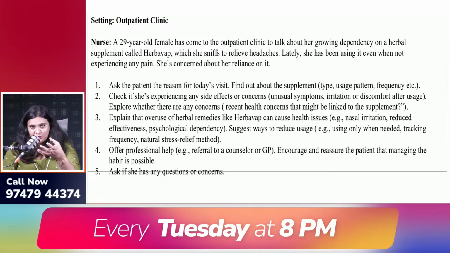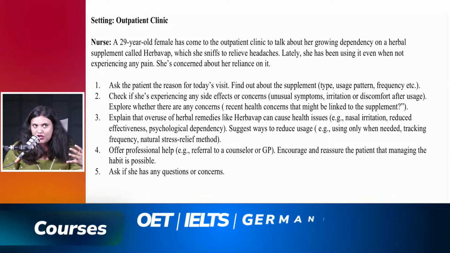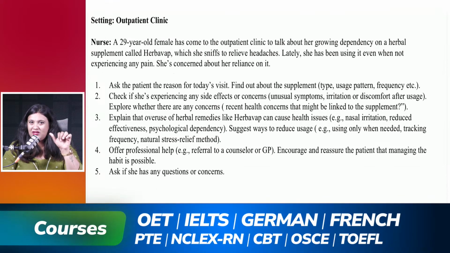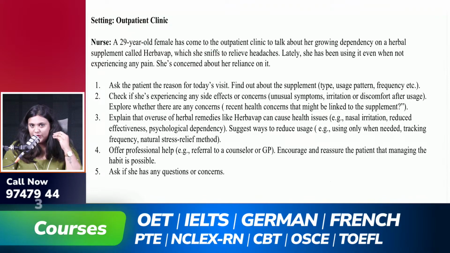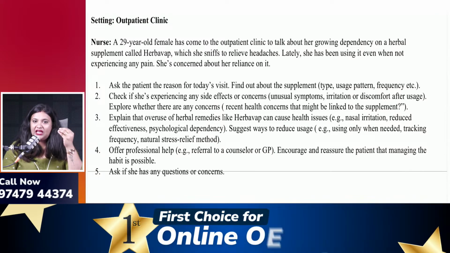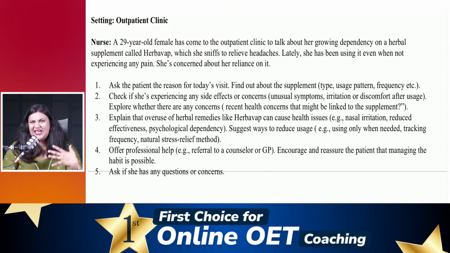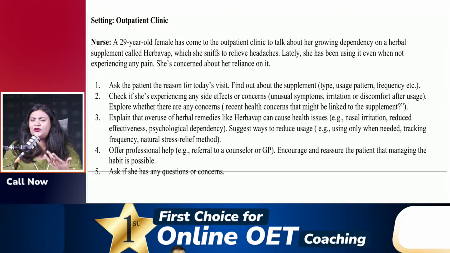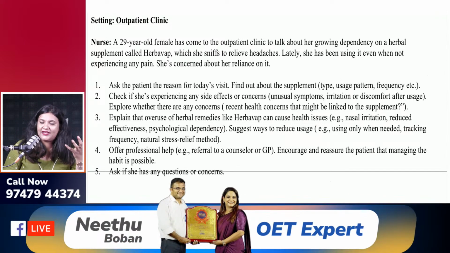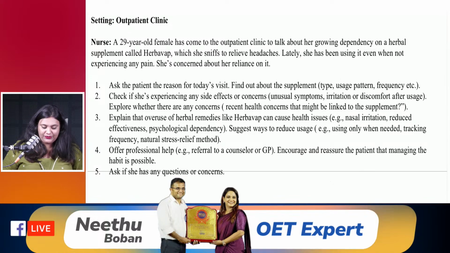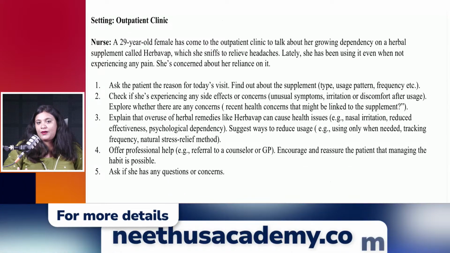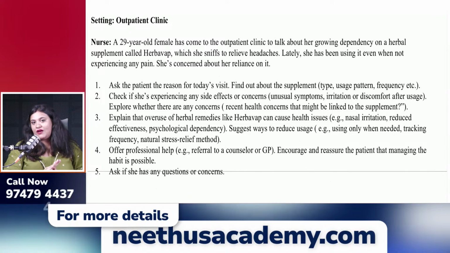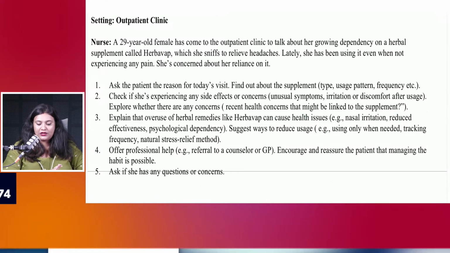By usage pattern, I'm just curious to know how and when. How you use it, when you use it, what you use it for, that is what we mean by usage pattern. So that is how directly you can ask that question. That is the easiest part here. So you have completed your first task completely.